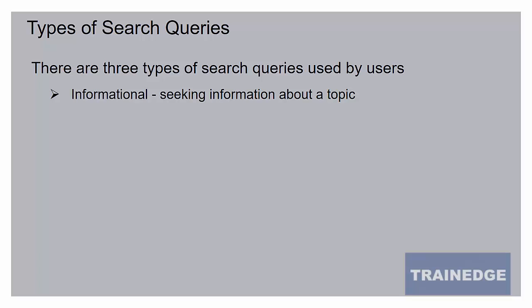Informational searches have some business value or commercial value, but they do not indicate a readiness to transact. So when I search for places to see in Goa, I'm not saying I want to book a hotel or book a restaurant or I'm ready to buy a ticket for a show or something like that. But the fact that I'm searching for information about places in Goa means I am interested in going to Goa.